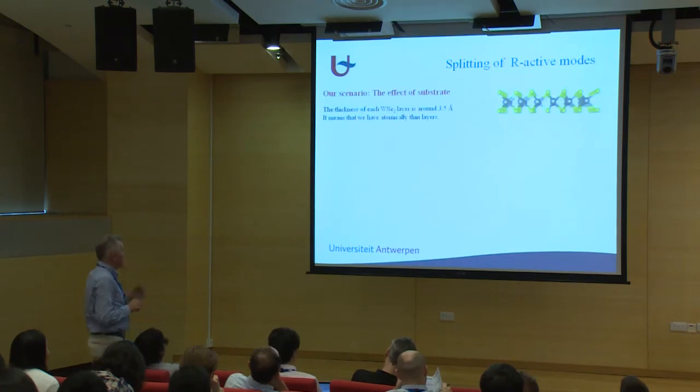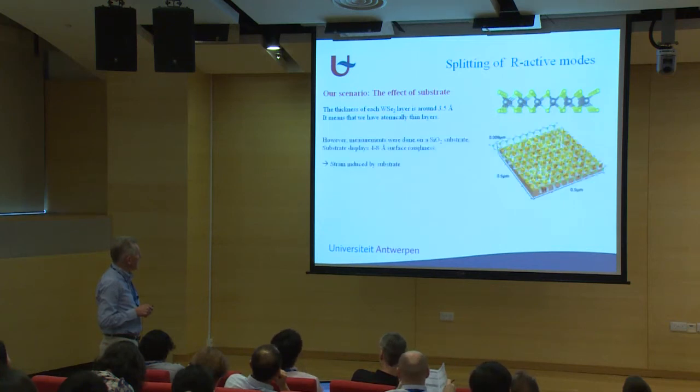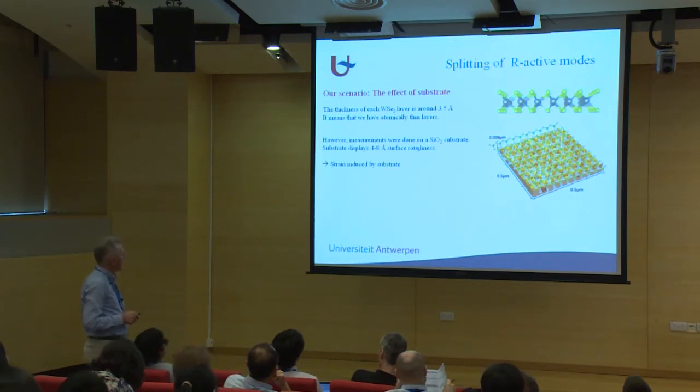So from where can this splitting of the Raman active modes come from, experimentally? The thickness of each tungsten diselenide layer is about 3.5 angstrom, which means we have atomically thin layers. They are put on a silicon oxide substrate, where the substrate has a certain roughness on the same length scale as the thickness of your layers.